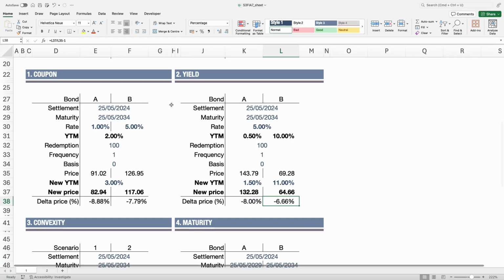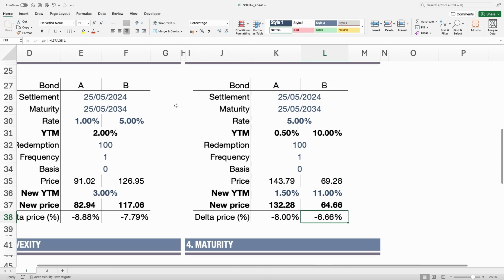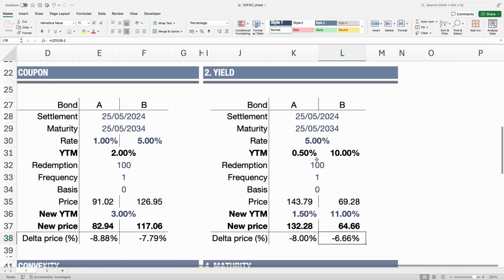Thus, when we value the two bonds using a higher discount rate, the one with the lower coupon has a price that decreases more because the effect of a higher required rate on the last cash flow is larger in relation to the early coupon payments. The yield also affects this relationship.